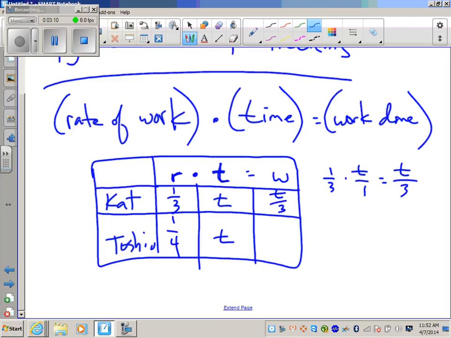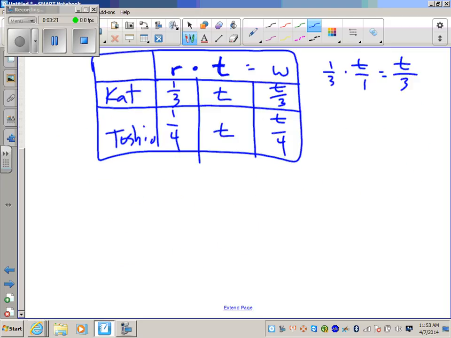Then therefore this is going to be T over 4. Okay. Now let's take a look. They are working together. So Katina plus Toshio is going to equal what? One job done.